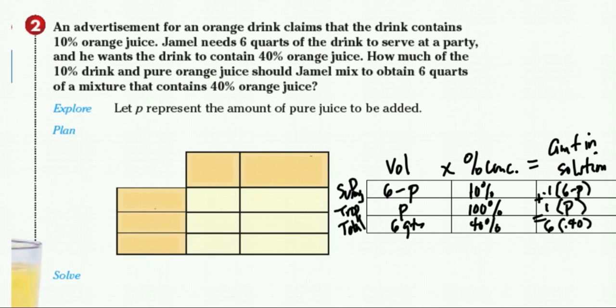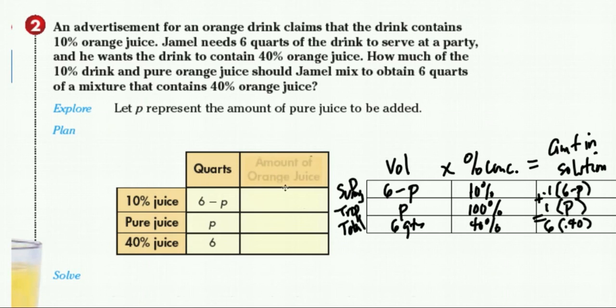Okay? And let's see how the book uses it. It's very similar. So you have your 10% orange juice here, and your pure juice, which is 100%, and your total, which is the mixture that you want to produce, which is 40%. On the top part, the number of quarts, we let P represent pure orange juice, so this becomes P, and the 10% one becomes 6 minus P, and the total one is 6 right here, same column.